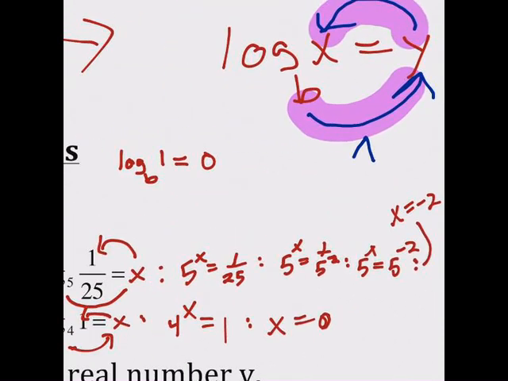So I'm going to put over here log base b of b is going to give you 1. That's a cool rule too. If you're taking the log of the same base of that base number, b to the first is going to give you b. B to the 0 is going to give you 1.